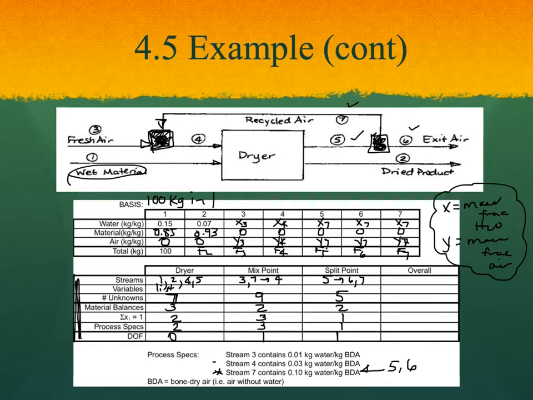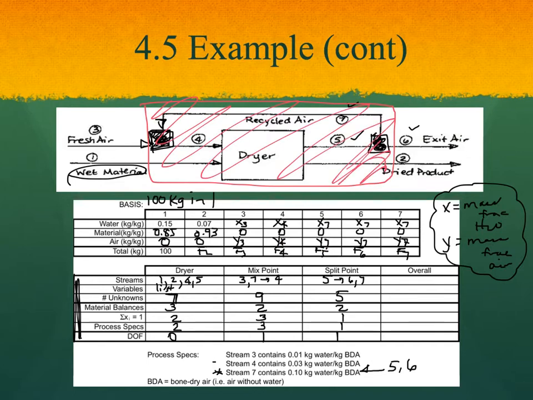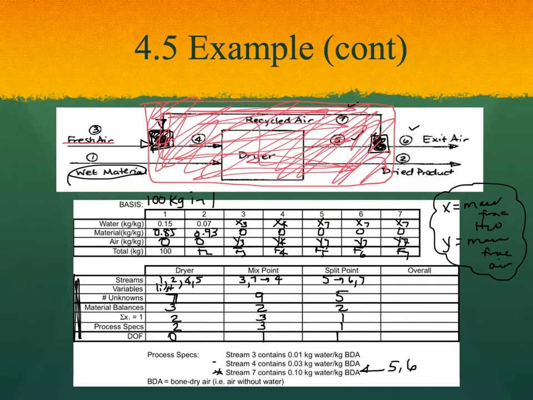If I look at the overall, remember that what I want to do is basically draw a box around the whole unit and pretend that none of that happened. Can't see it anymore. All I have is 3 and 1 coming in, 6 and 2 coming out.